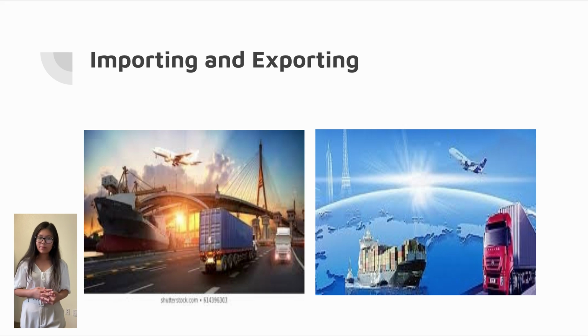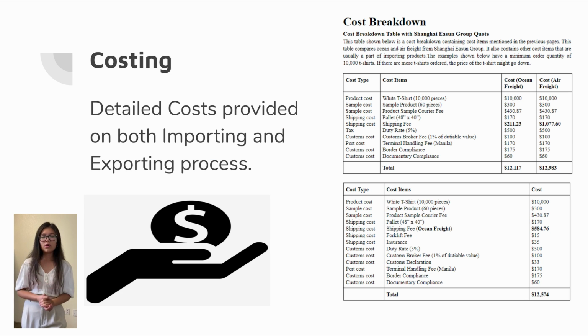We wanted this logistics manual to be very detailed so that you don't have to spend extra time searching on the internet or hire an expert to help you out. To help save cost, we have included entire cost breakdowns of both importing and exporting processes using example products.